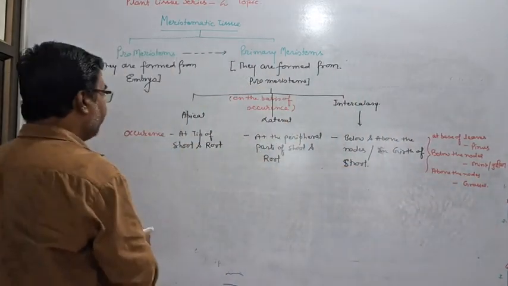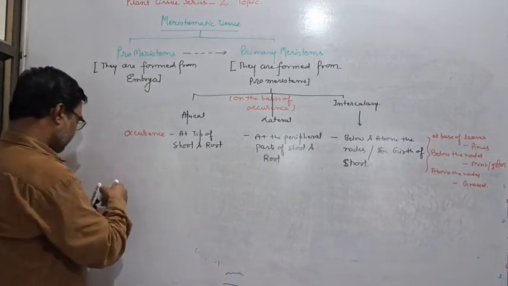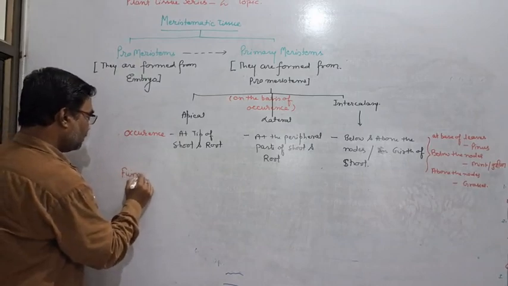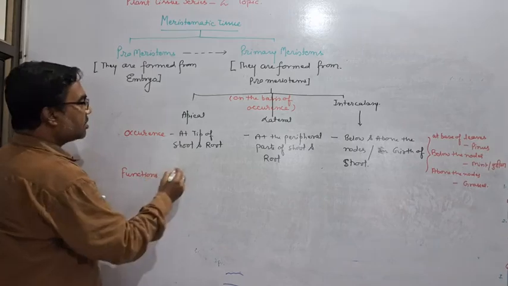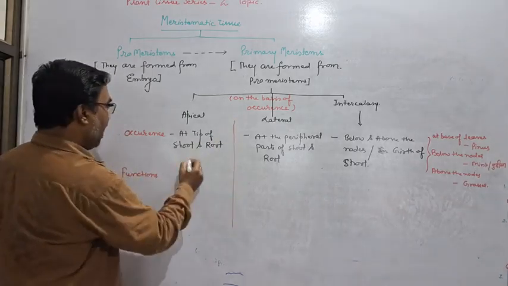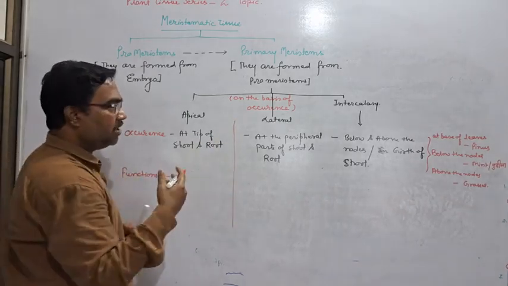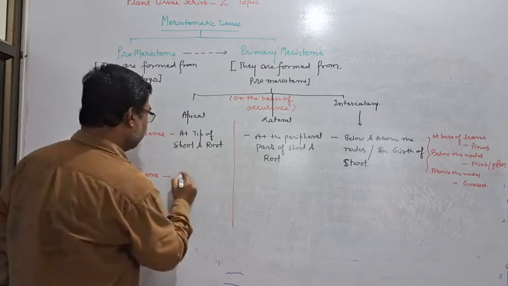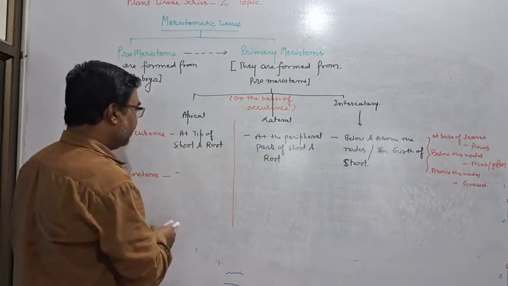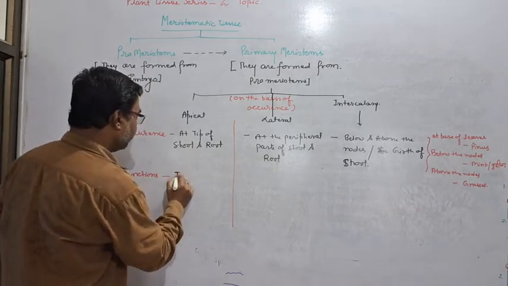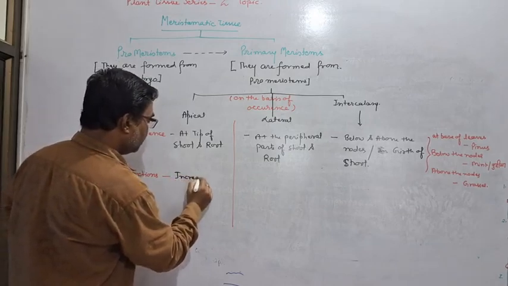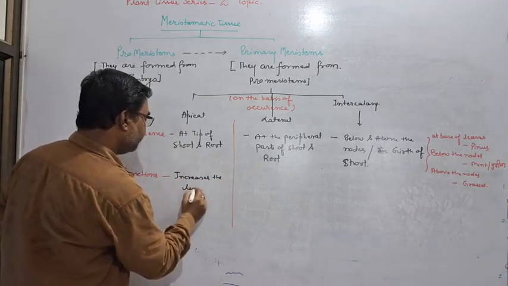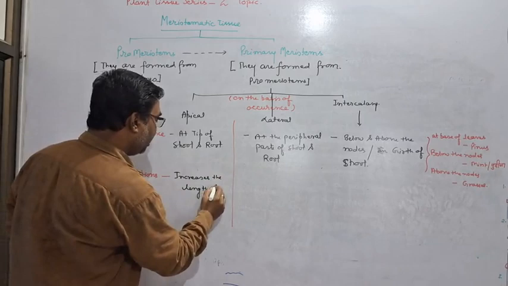Now what are their main functions? You must remember, apical has main functions in growth in the sense of length. So we can write here, it increases the length of the plant part.